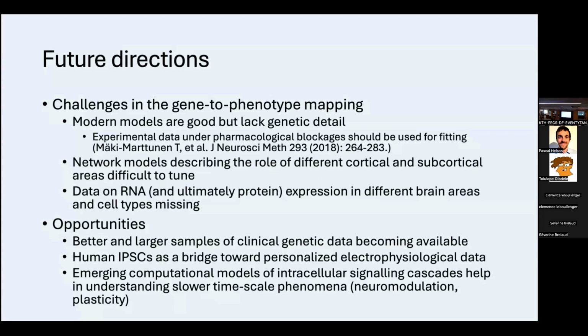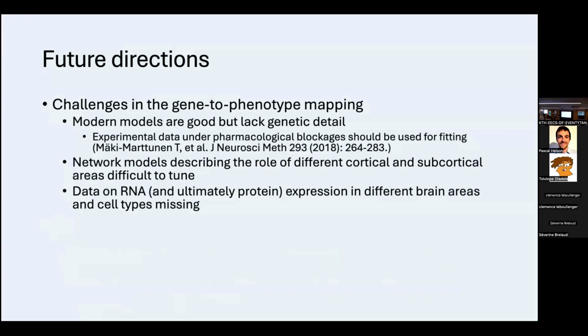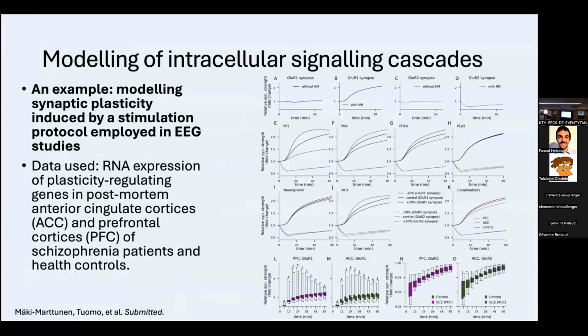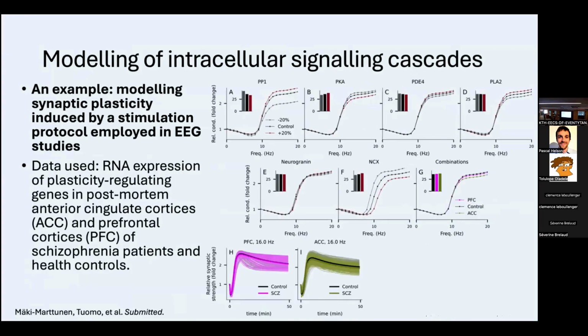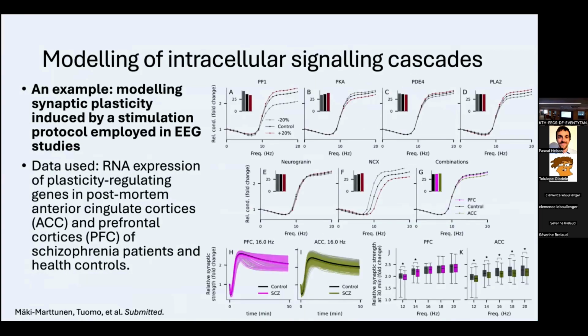If there is no question, I can ask one last one. In your plasticity model, there was no change below 10 hertz when you lose this protein. Do you have any intuition why that is? Right, you mean this figure? Well, one reason is just visual. If you zoomed in, for example here, you might see quite radical changes.